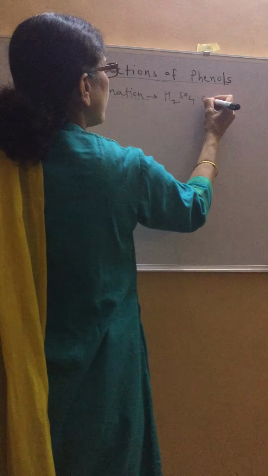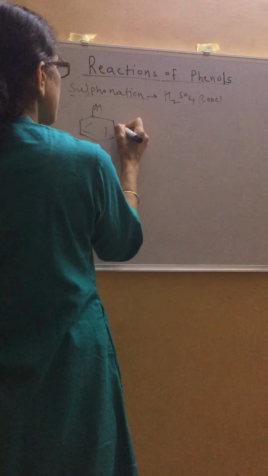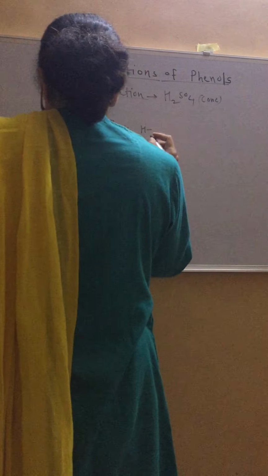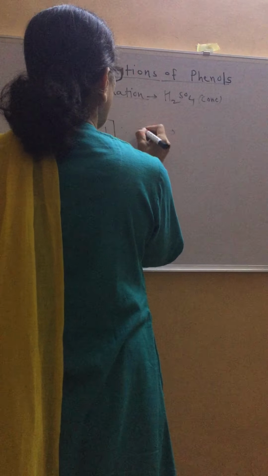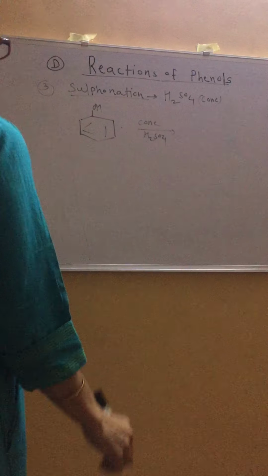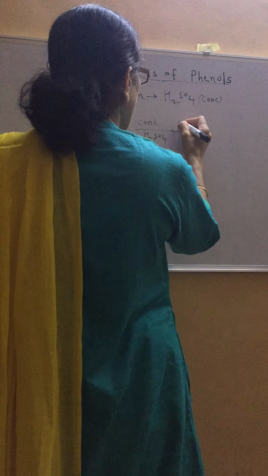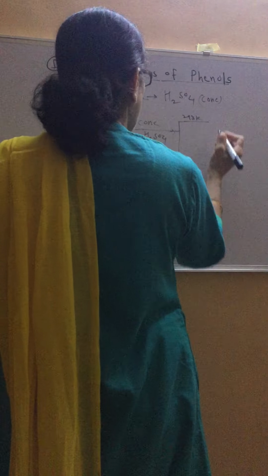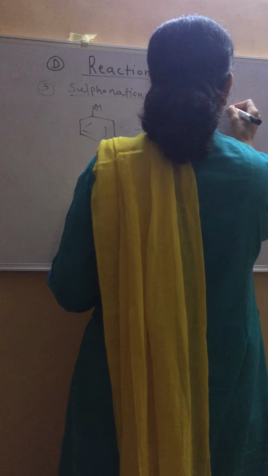So, when our phenol is treated with concentrated sulfuric acid, we are able to get, again two conditions are there, at low temperature, or you can say at 293 Kelvin, room temperature, we will get orthophenol sulfonic acid.